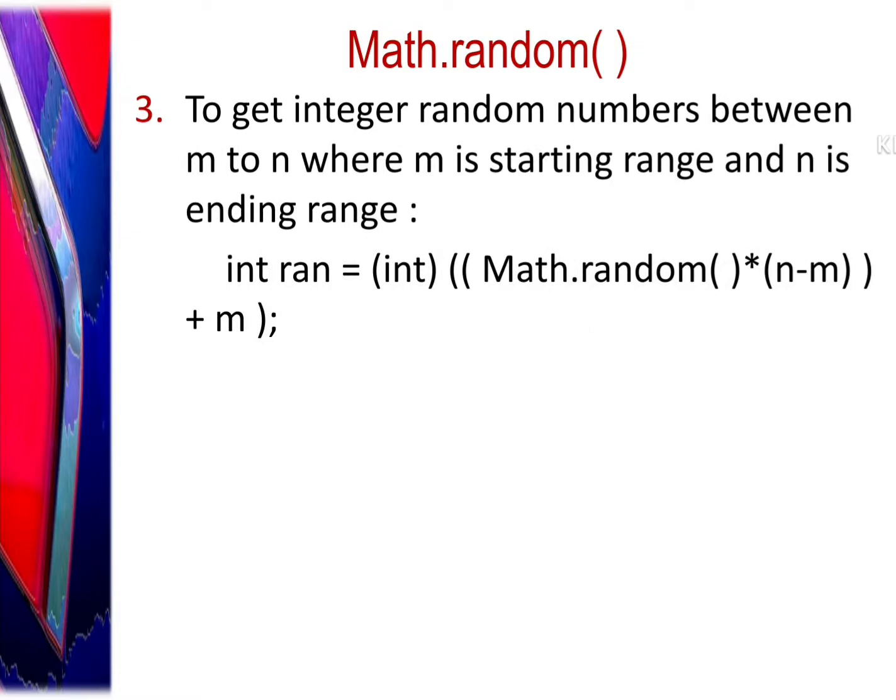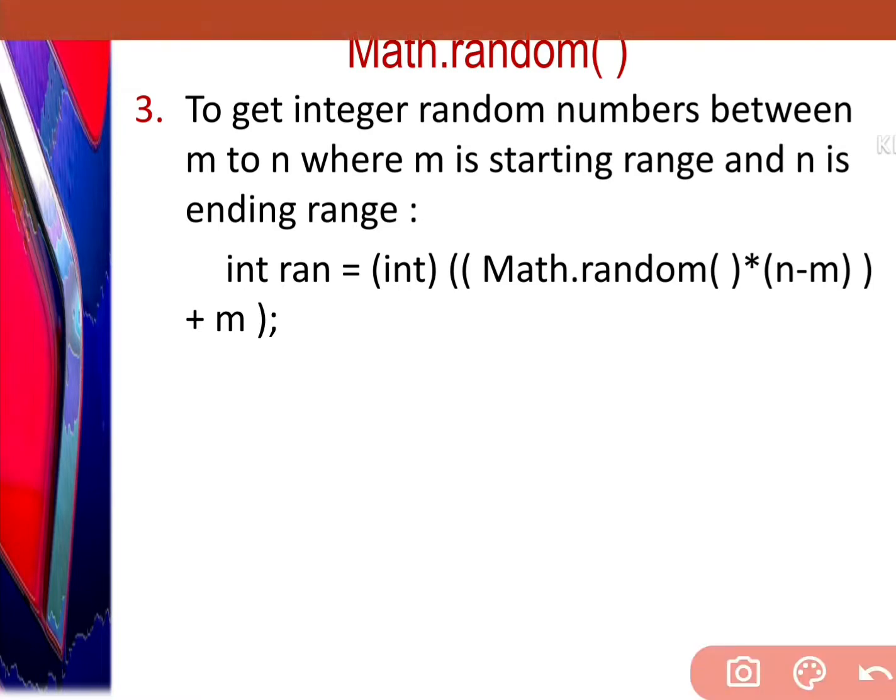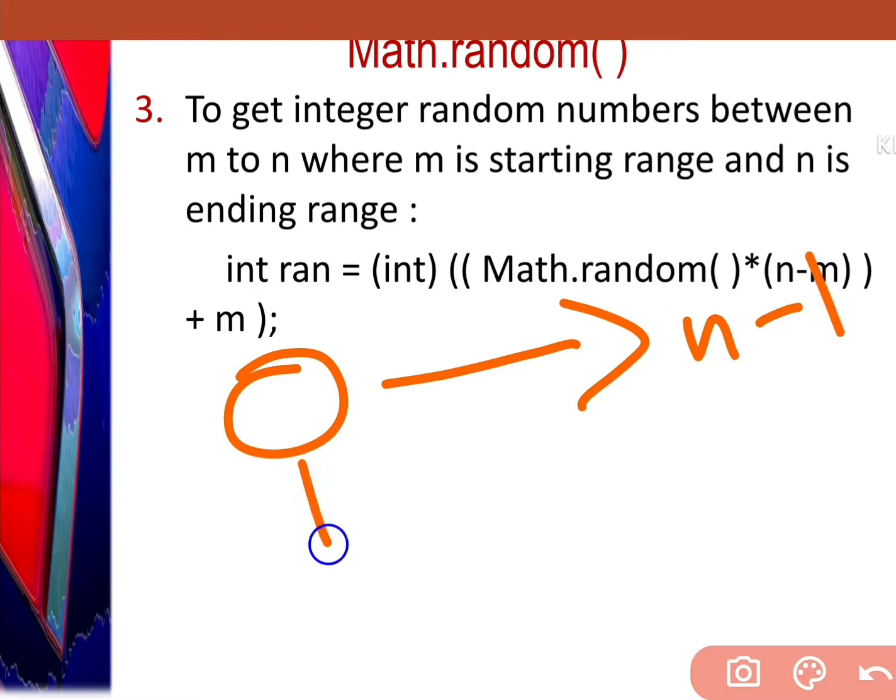And then we have a next level. Previously we were getting 0 to n minus 1, then 1 to n, but always starting from 0 or 1.